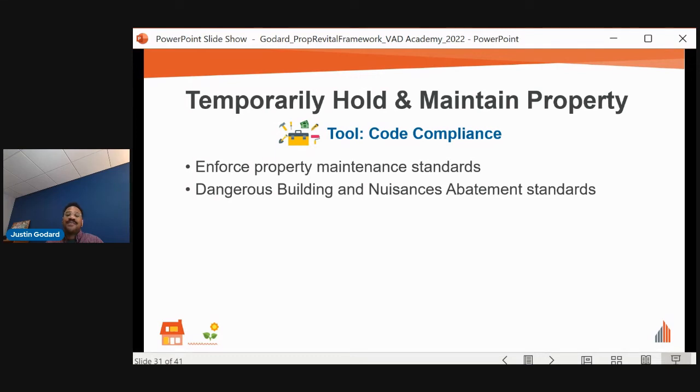While held, similar property compliance tactics can and should be used to maintain properties, such as boarding up windows and doors and mowing lawns. Often, these kinds of compliance activities can be completed through partnerships with local mission-driven organizations.